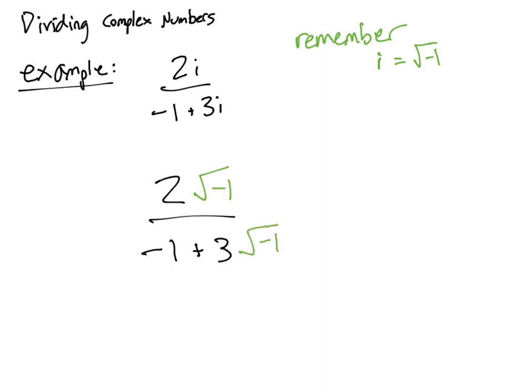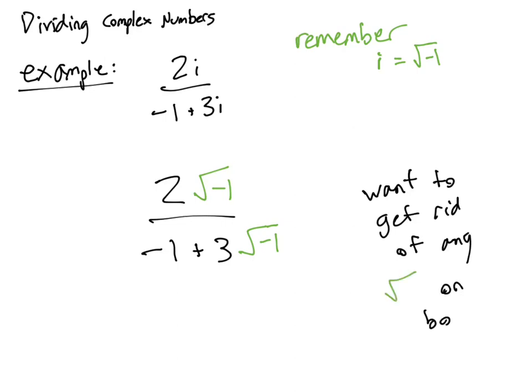When we have square roots in fractions, we need to rationalize the denominator, meaning we want to get rid of any square roots in the denominator, which in this case means we want to get rid of any i's that are in our denominator. And we've learned before how we can get rid of square roots that are in the denominator of a fraction.